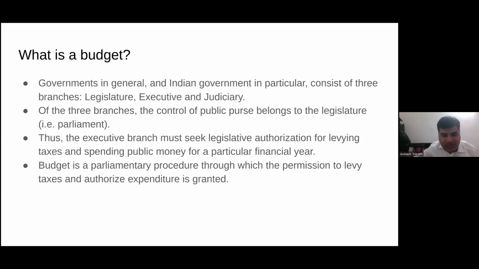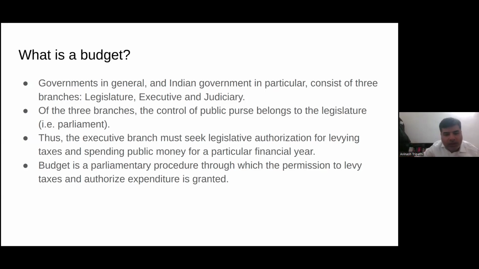So what is a compulsory levy? A compulsory levy is something that is not voluntary. For example, if you are gifting something to someone, that is voluntary. It depends on whether you are interested in gifting or not. If you are transferring something voluntarily to another person, that is not a tax.